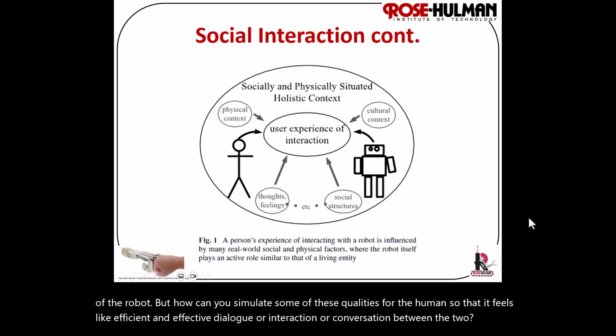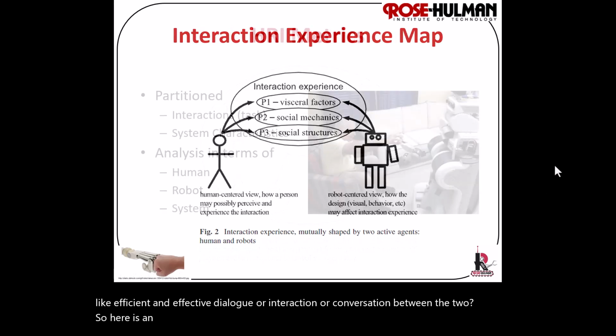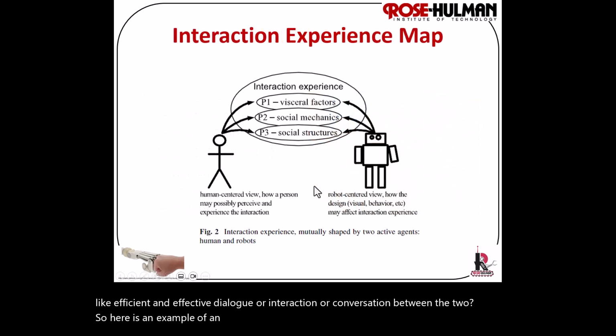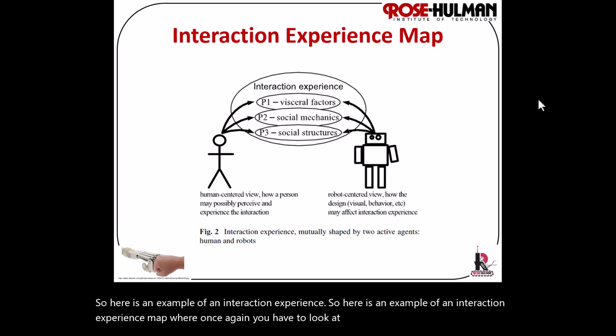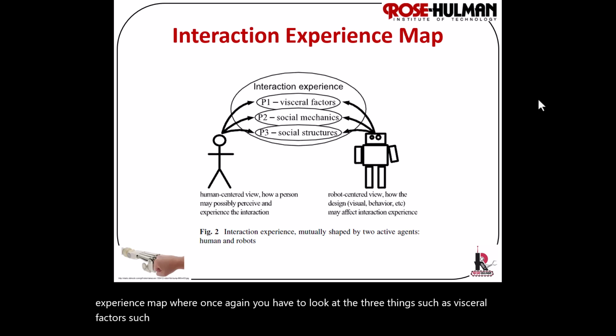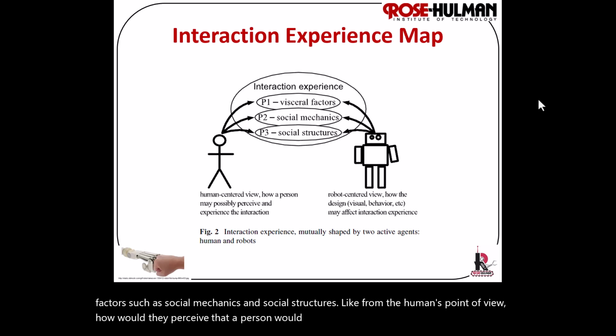So here is an example of an interaction experience map where, once again, you have to look at the 3 things: visceral factors, social mechanics, and social structures. From the human's point of view, how would a person perceive or experience this interaction?